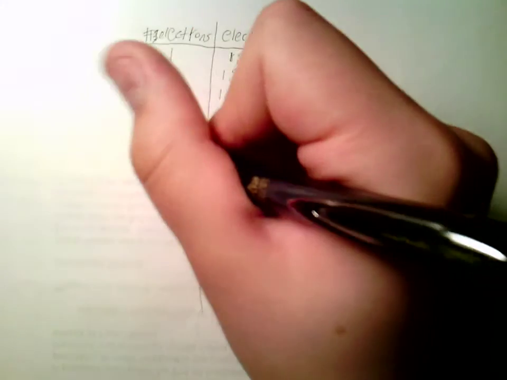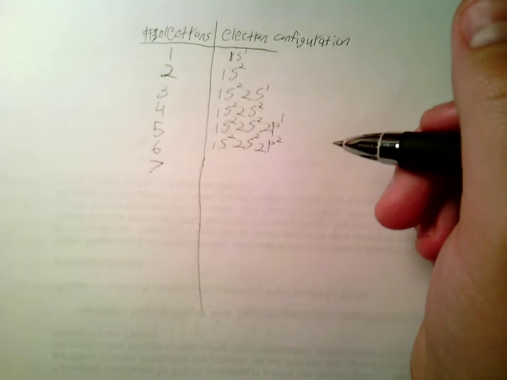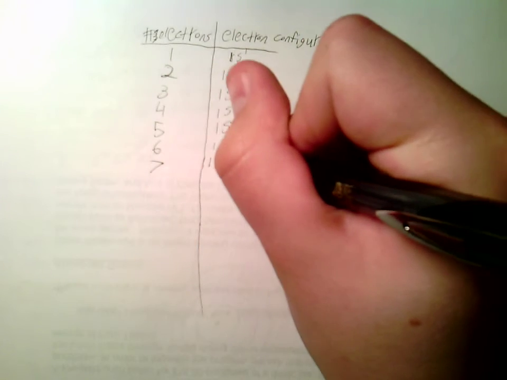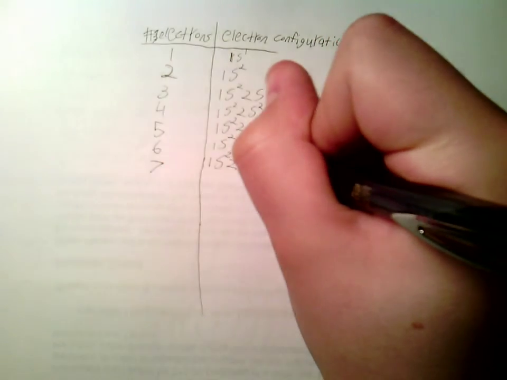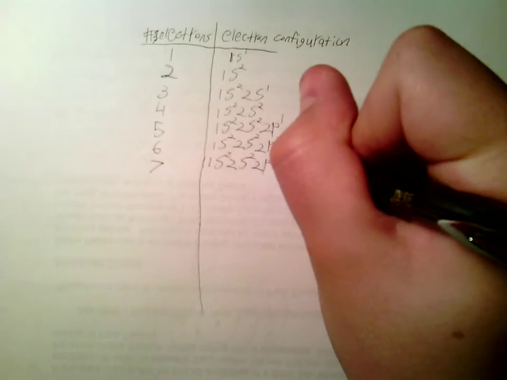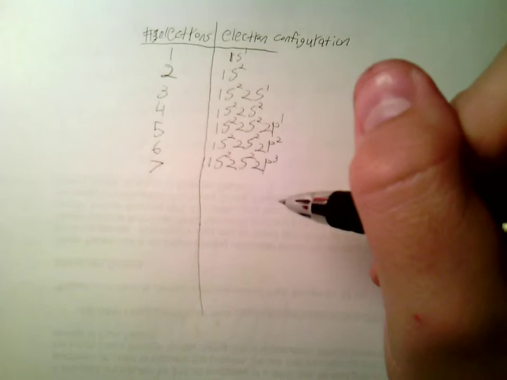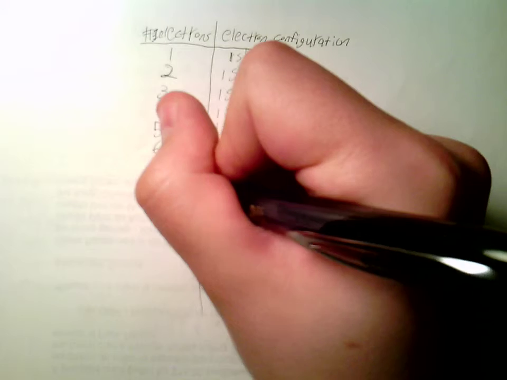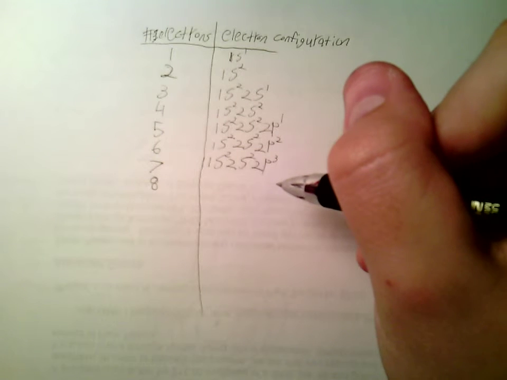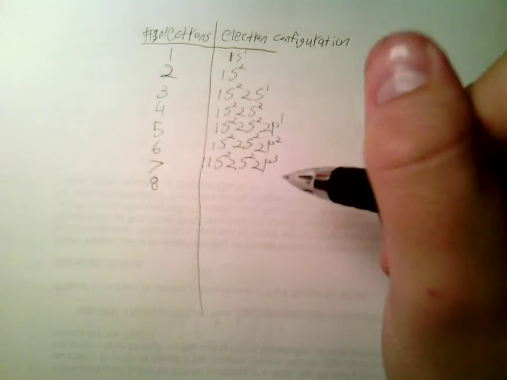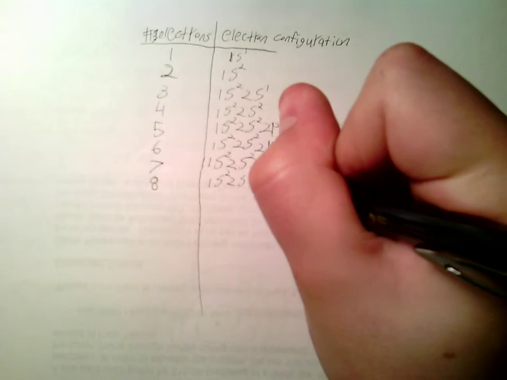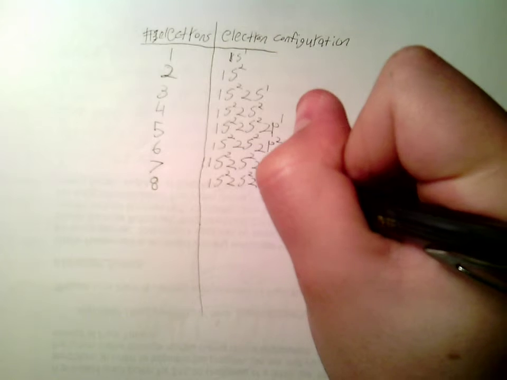If a given element has 7 electrons, what do you think its electron configuration is going to be? It's going to be 1s2, 2s2, 2p3, right? If a given element has 8 electrons, what do you think its electron configuration is going to be? It's just going to be 1s2, 2s2, 2p4.